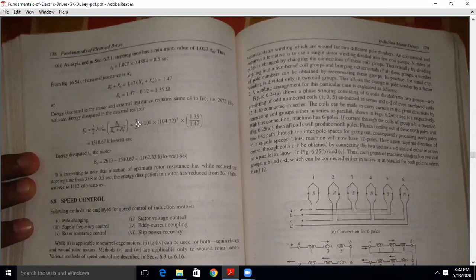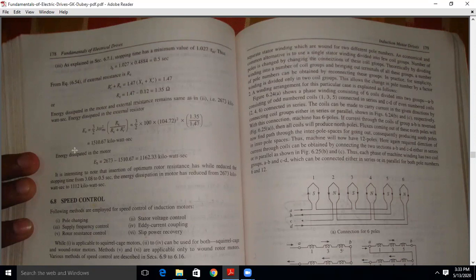So the energy dissipated we calculated in the second point is 2673 kilowatt second. Energy dissipated in the external resistor is 3/2 J omega ms square Re divided by (Re plus Rr'). By putting the values of Re and Rr', you will get 1510.67 kilowatt second in the external resistor.